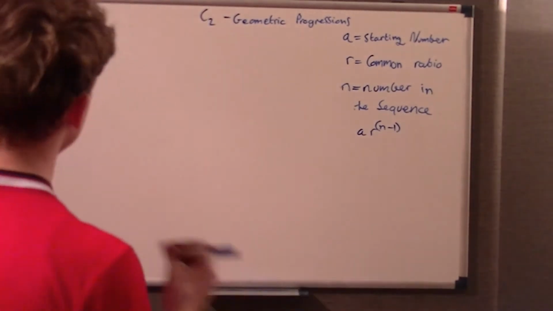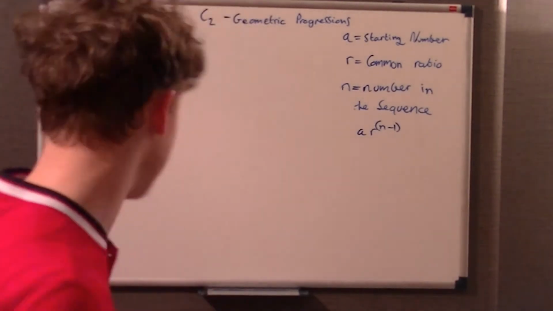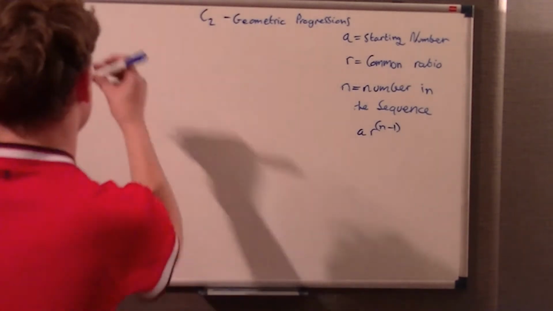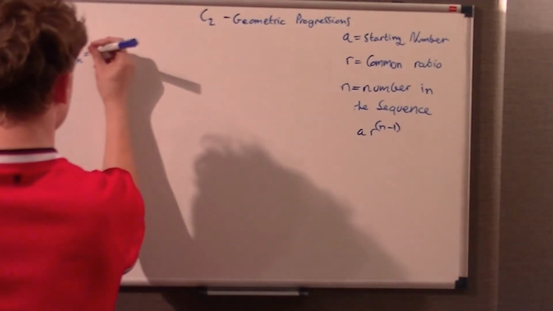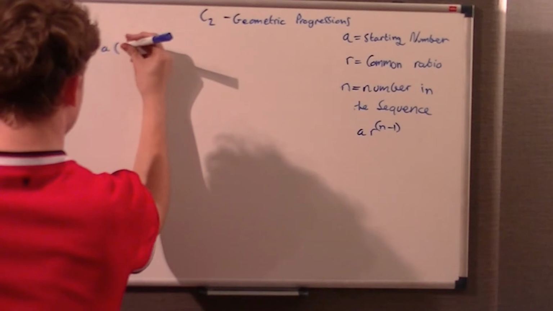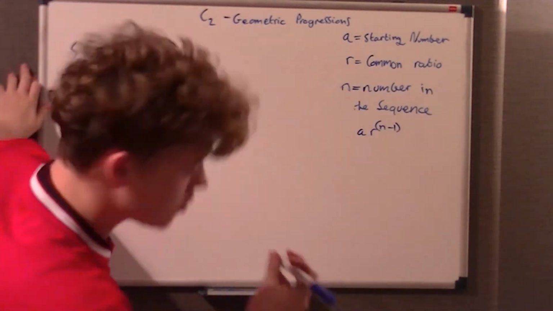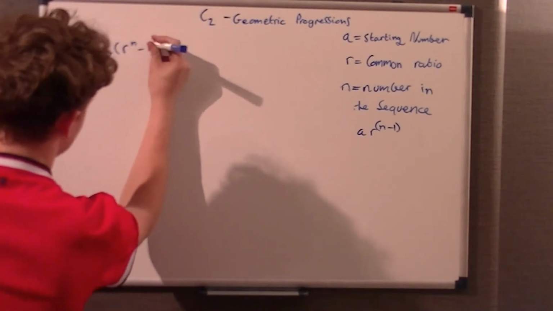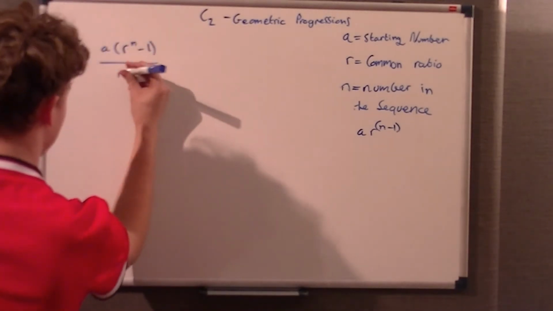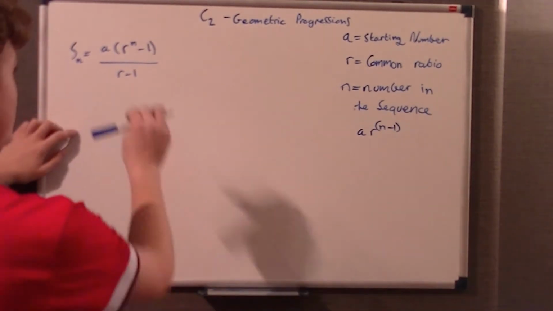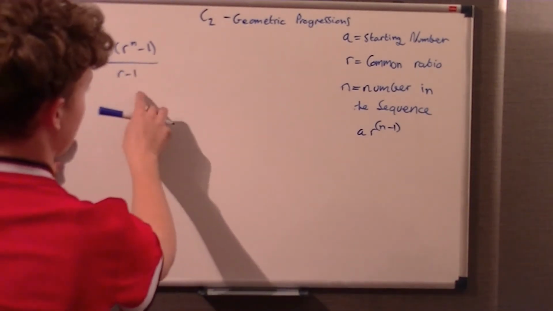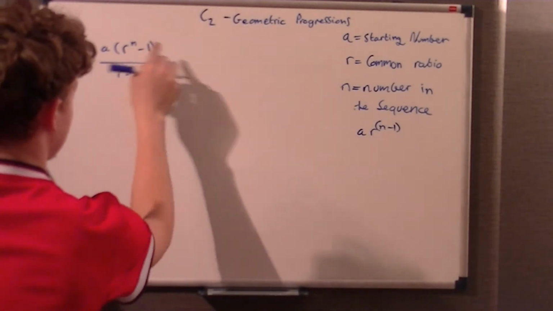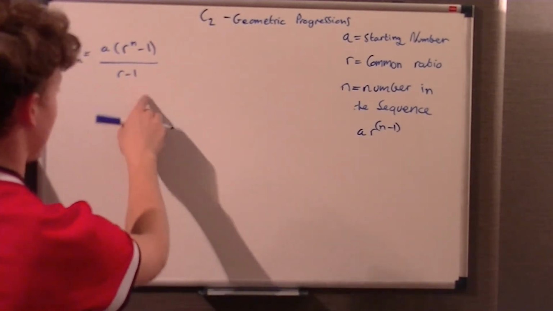So we're given, as I said, I'm going to prove this to you, the formula Sn equals A(1 take R^n) over 1 take R. Now, these two can be the other way around on each, so it could be R to the power n take 1 over R take 1.